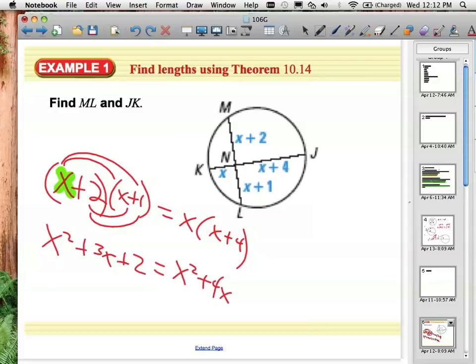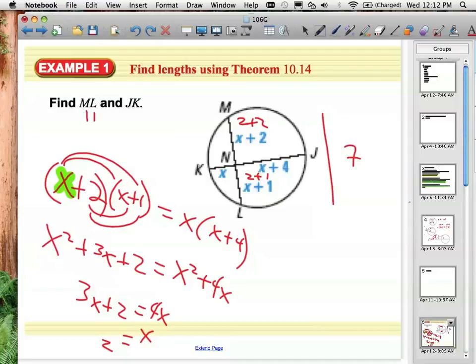We got that? A lot of times there's no quadratic. Oh look, the x squares cancel. So 3x plus 2 equals 4x, x equals 2. Good? Then make sure you answer the question. Put 2 back in, I want to find ML. So it's 2 plus 2 and 2 plus 1, so ML is 7.